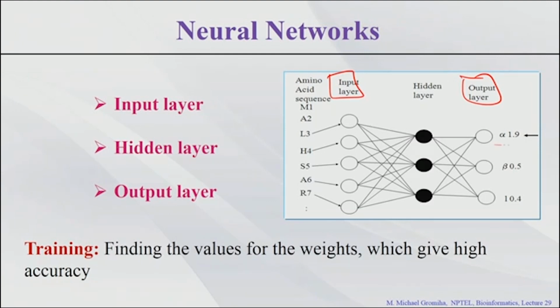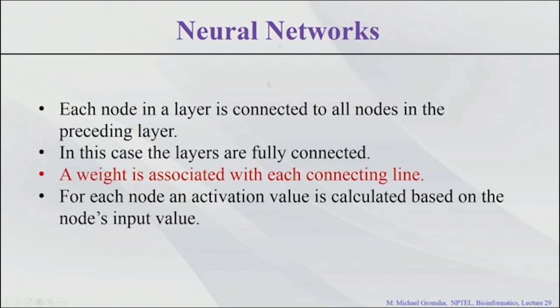For example, here we give alpha or beta or loop. Depending upon the numbers you get, they will assign whether this is a helix, or a strand, or a loop and so on. This is how it works. You can see each node is connected to all nodes in the preceding layer. It is fully connected, you assign the different weights, and finally based on these functions you can see which class it is.